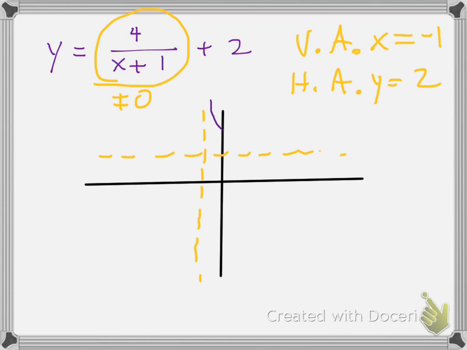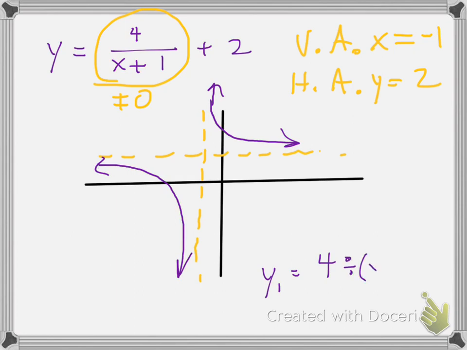This thing is going to look something like this. The graph's always going to look the same. It hugs the asymptotes just like this. So plug that into your calculator and see if you don't see exactly what I'm talking about. 4 divided by, remember you've got to have the x plus 1 in parentheses, plus 2. Then your graph should look like that, right?